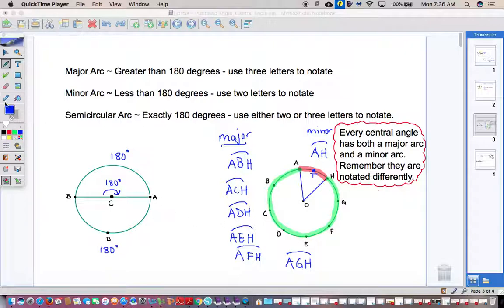So you can go from B directly to A this way, or from B to A the other way, and you're still going the same distance of 180 degrees.